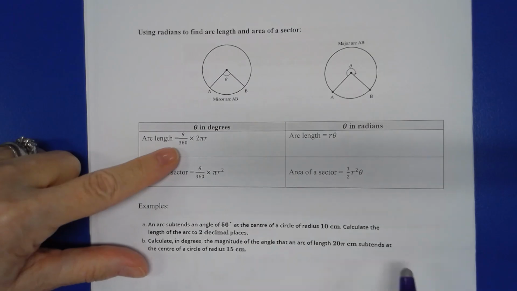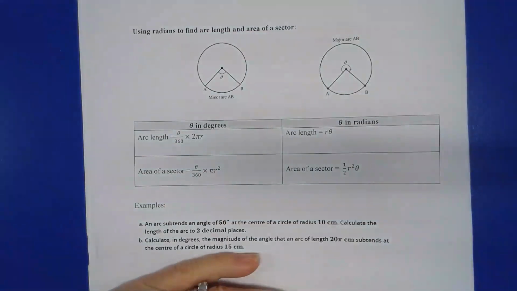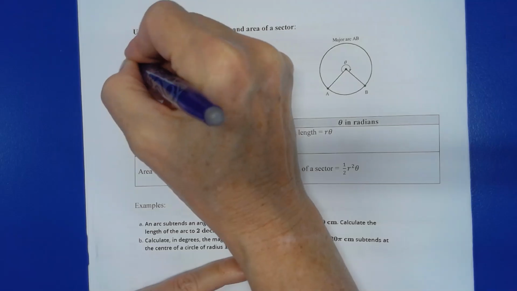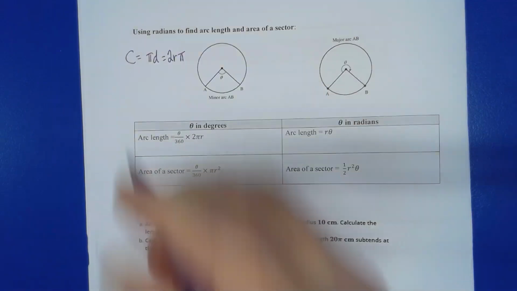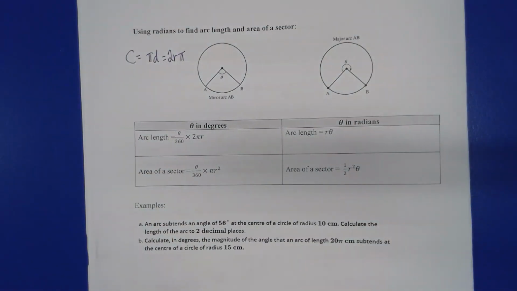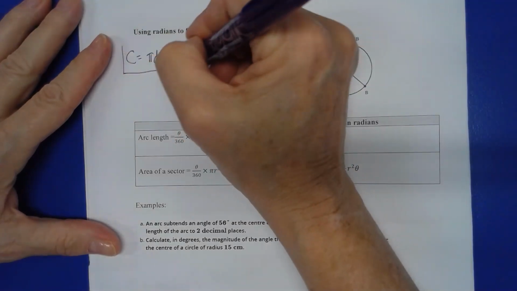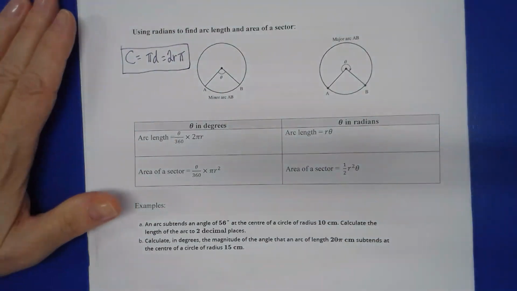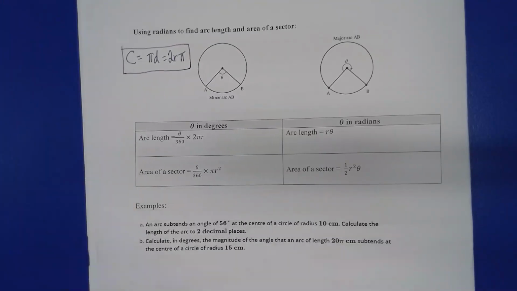It says that the circumference of a whole circle is pi times diameter, or we could say 2 times the radius times pi. Is that right? 2 times the radius and the diameter are the same thing. So that's a formula, which I do think is on your formula sheet. So that's the circumference of the entire circle, all the way around. So if I know the radius, I can know the circumference.